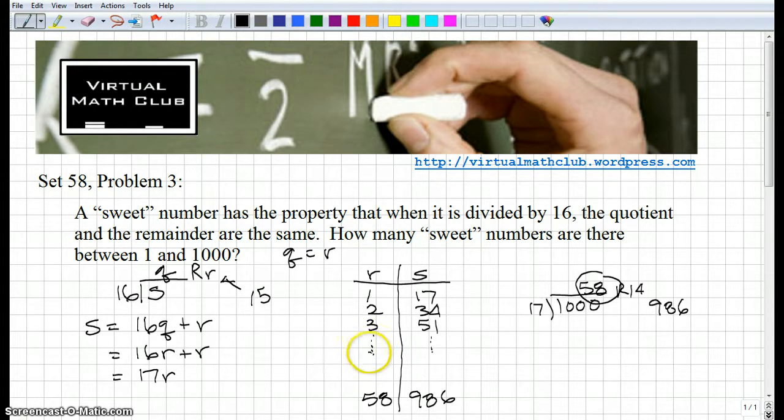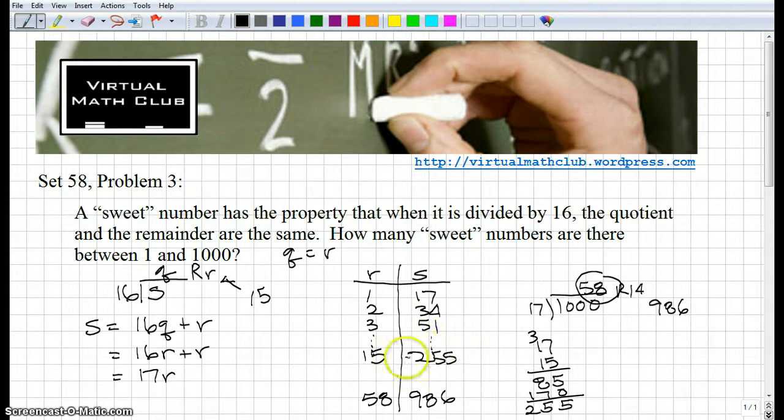So the biggest one we could get was when the remainder is 15. If we take 15 times 17, what do we get? 255.